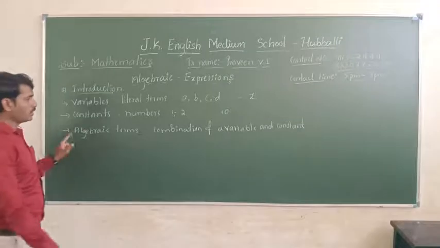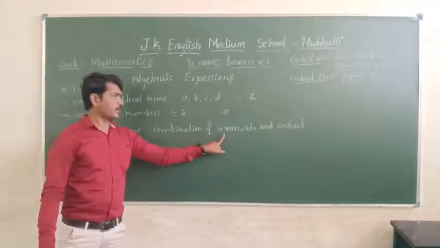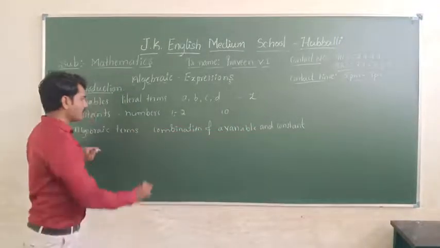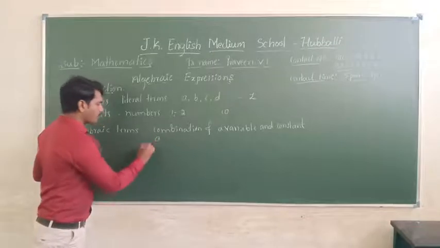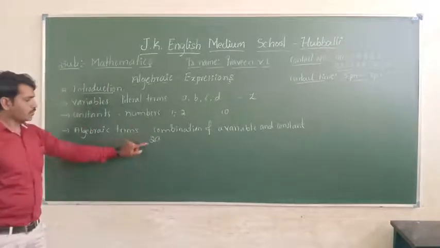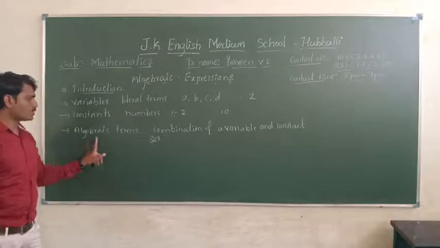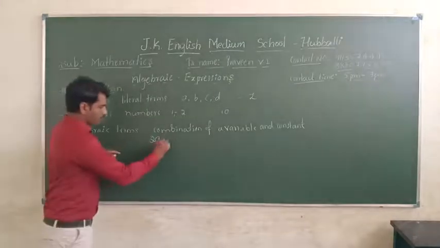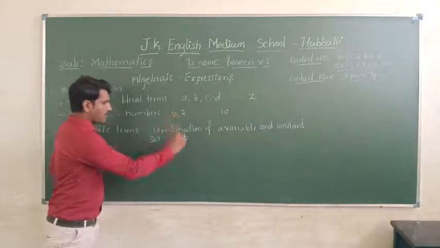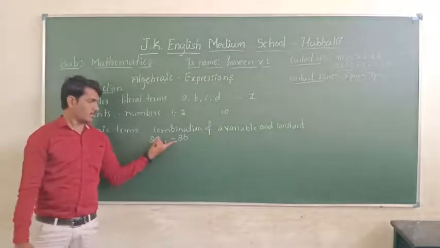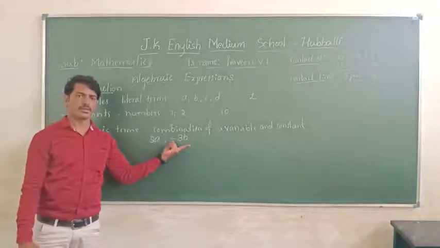Algebraic terms are nothing but a combination of a variable and constant. We can select one variable like a and one constant like 2. So 2a is one of the algebraic terms. Or we can take one more term, minus 3b. Here minus 3 is the constant and b is the variable.